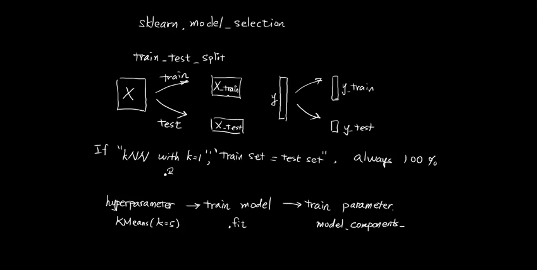So particularly for kNN, you can always achieve 100% if the training set and the testing set are the same. That does not make sense. It's important to emphasize that in general you have to split the data into two parts. And later on I will demonstrate some code on this.